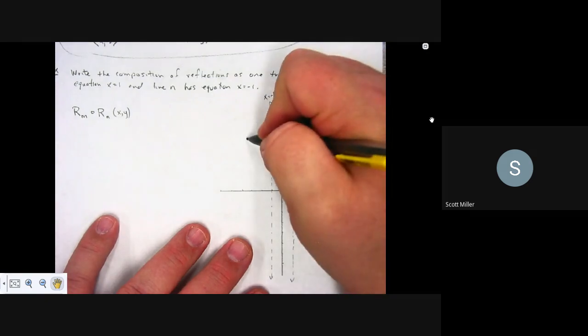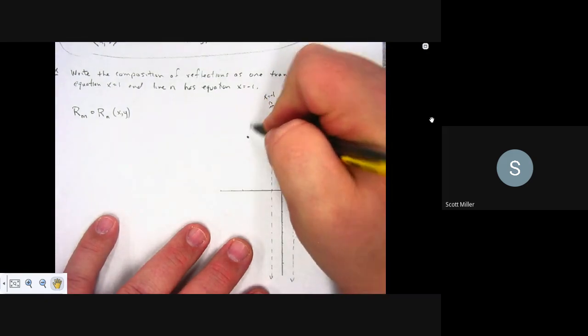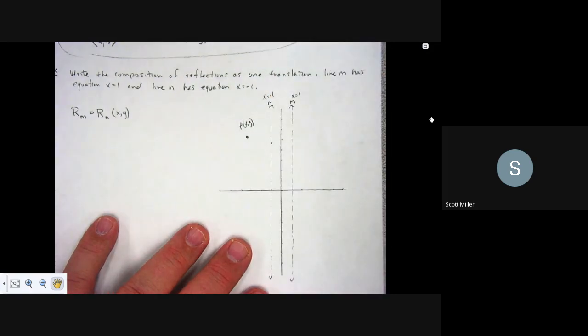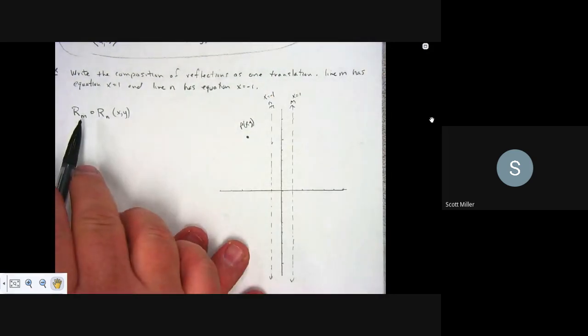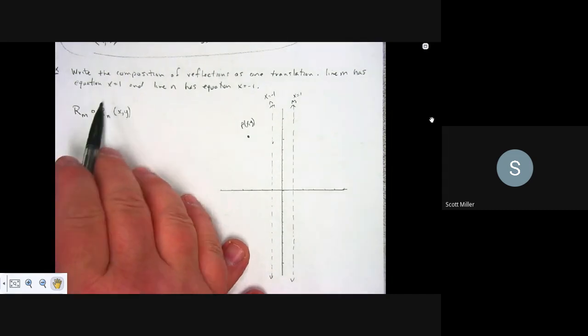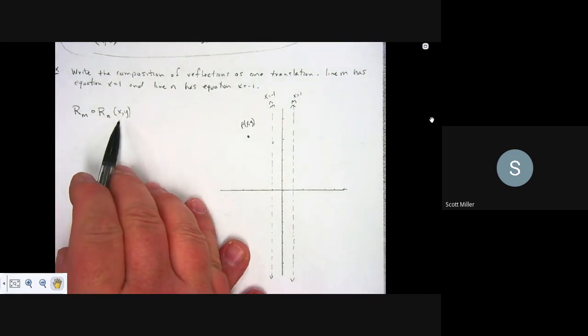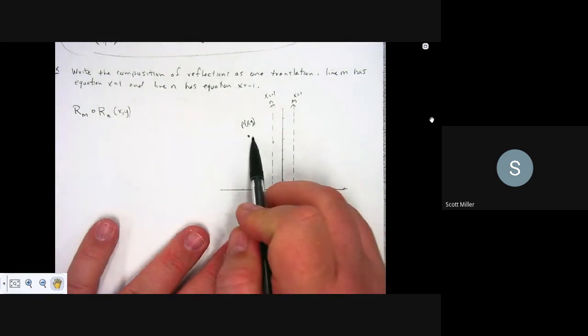Let's just put a point right here. So here's a point x, y. According to this reflection composition, I have to perform that reflection first across N. So it's going to go right here, the same distance, and then it's going to go across that.